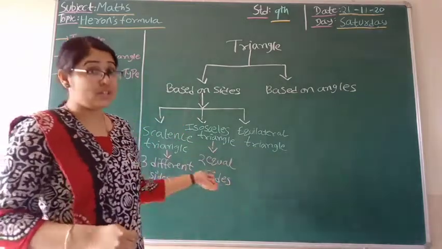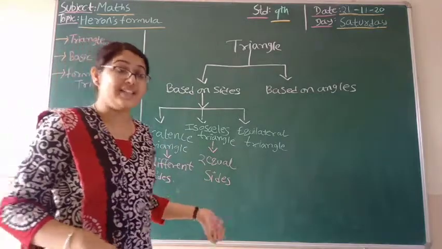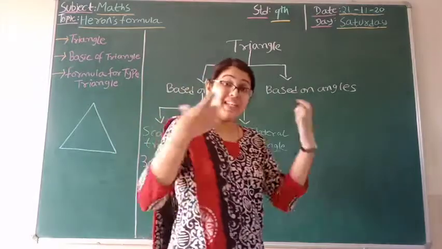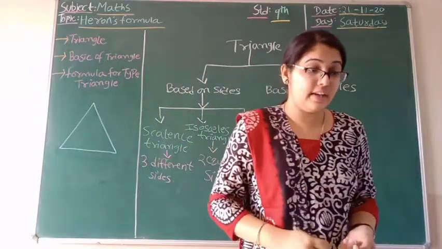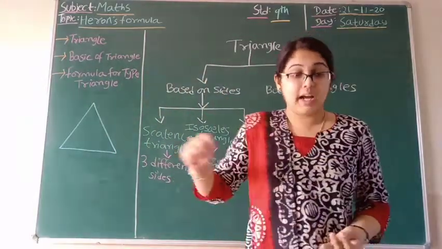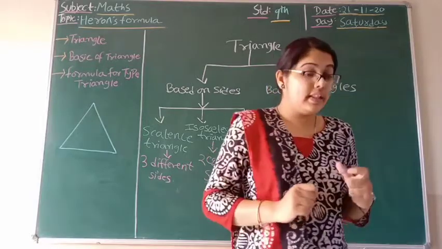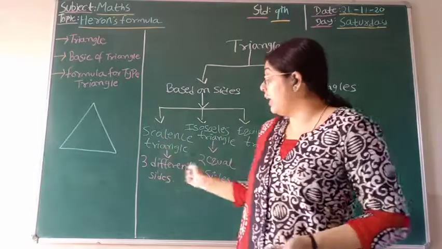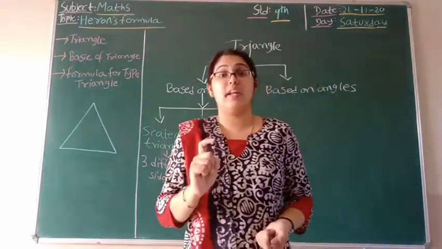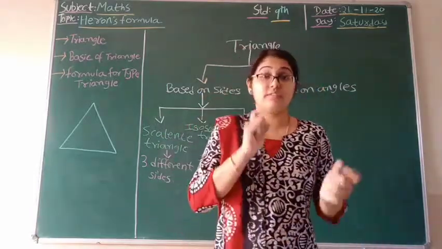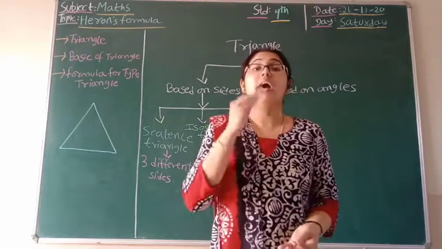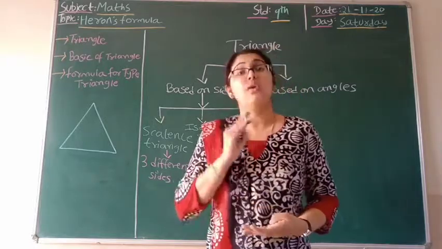If we talk about this triangle, there are two equal sides, and if I have the sides of this triangle, then I can find the height of this triangle with the help of the Pythagoras theorem. And for that I can use the original formula: as we know, the area of a triangle is equal to half into base into height.